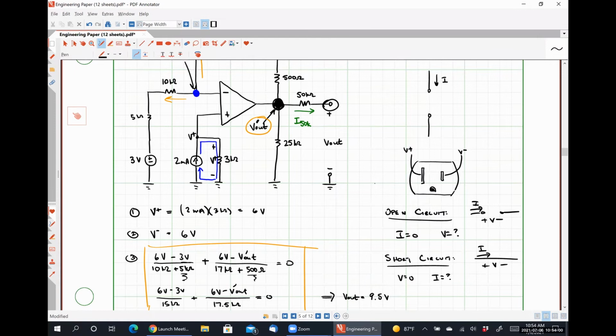All right. We can say that V out is exactly equal to V out prime because we know that I50K is 0.